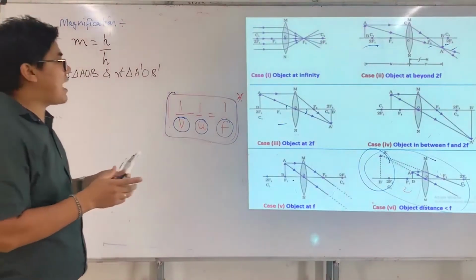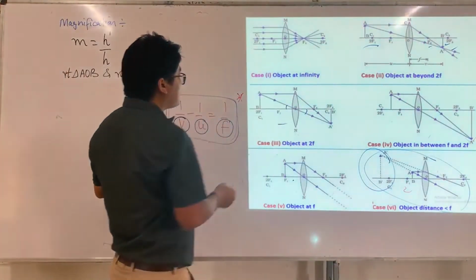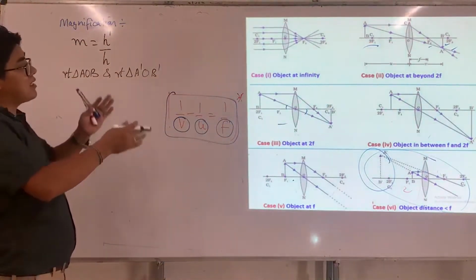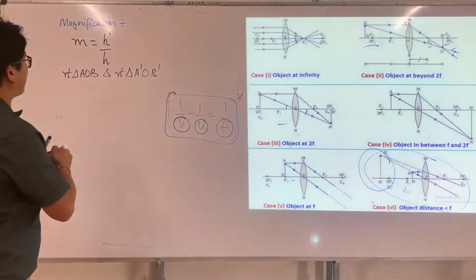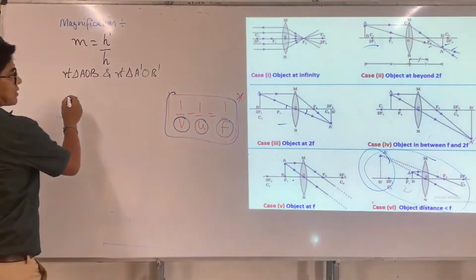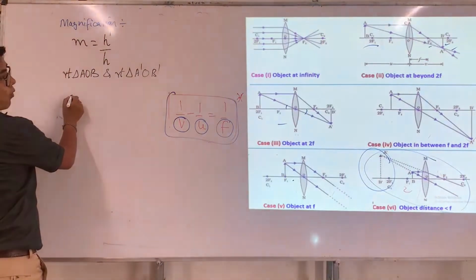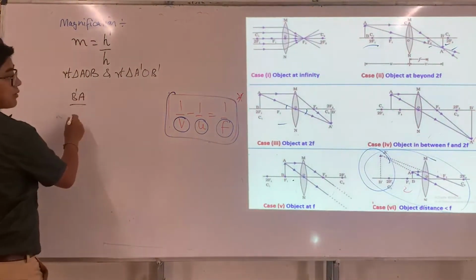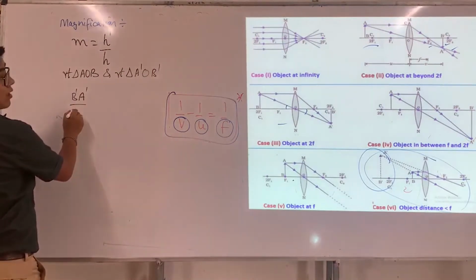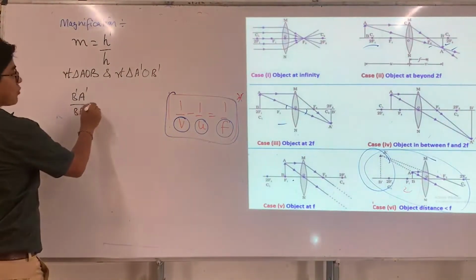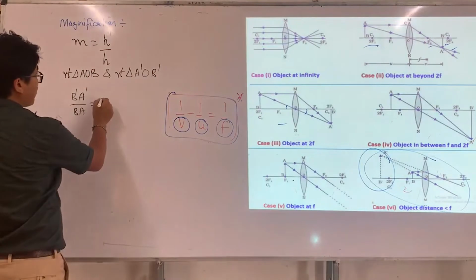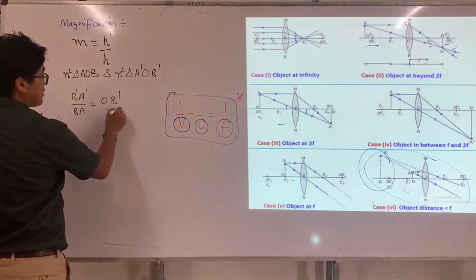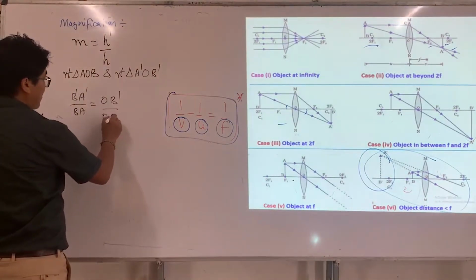And these two are similar triangles. If these two are similar triangles, the ratio of corresponding sides are equal. So this is equal to B prime A prime divided by B A, which is equal to O B prime divided by O B.